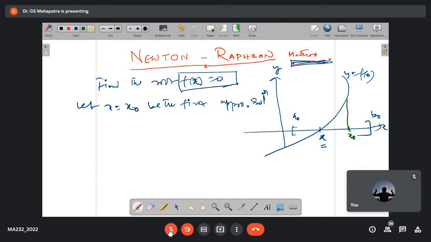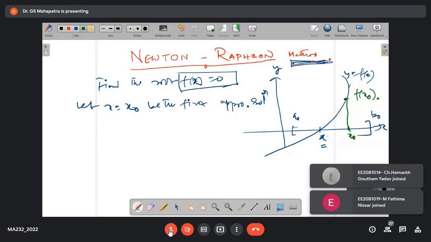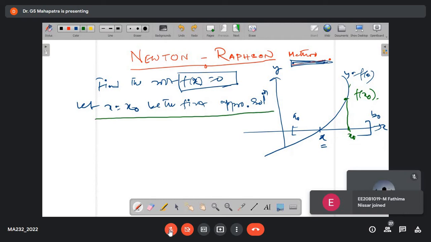First you have to draw that. So this is the point x0, the first approximation solution. So this is f of x0. So let x equals x0 be the first approximation solution.